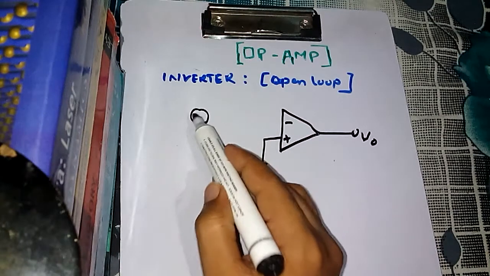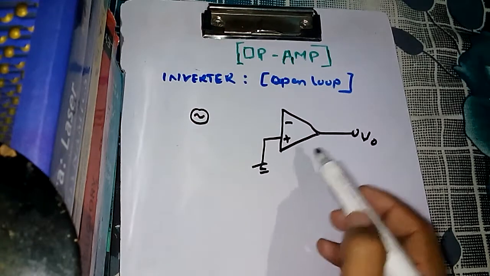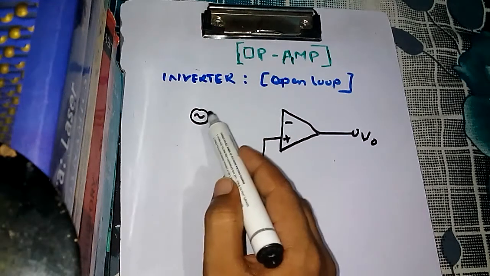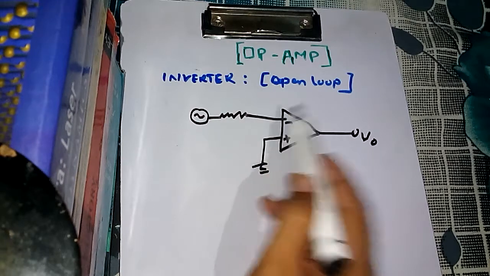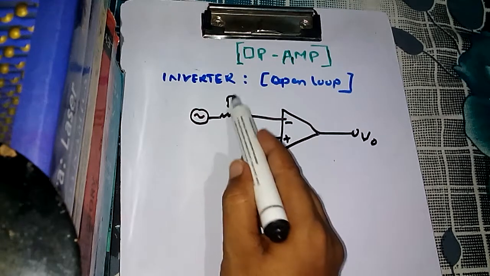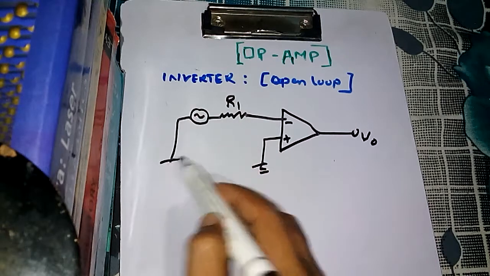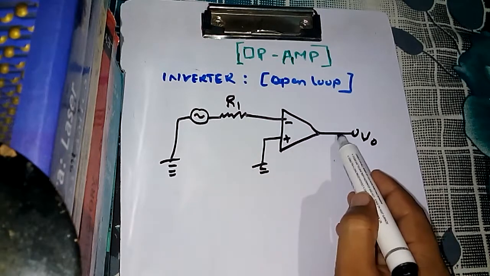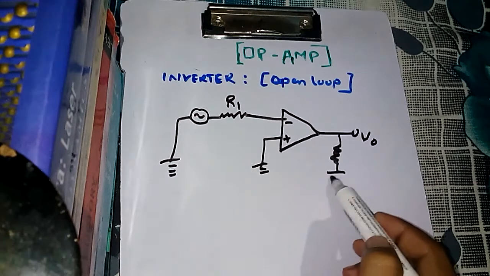Now input voltage could be AC, could be DC, because it is a versatile device. It can amplify AC signal as well as DC signal. So for now we take AC signal, and through a resistor R1 it goes to the input terminal. Now this is also grounded, and the output also goes through a load resistor to ground.